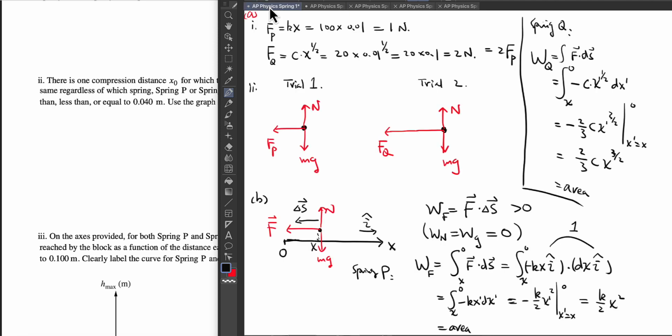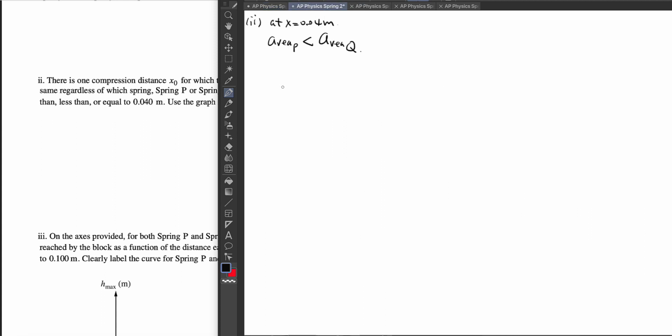The exact answer can be given by these two integrals here. So let's see if we can figure out the exact point. The answer would be greater than 0.04.